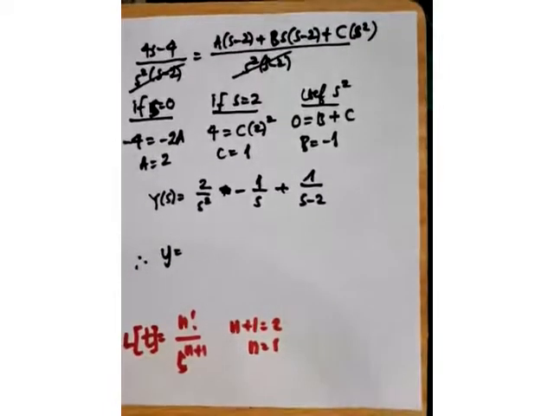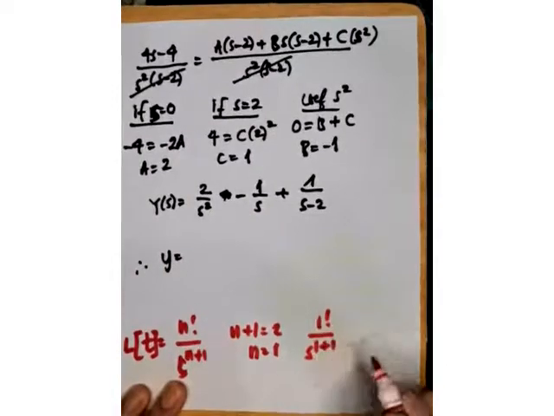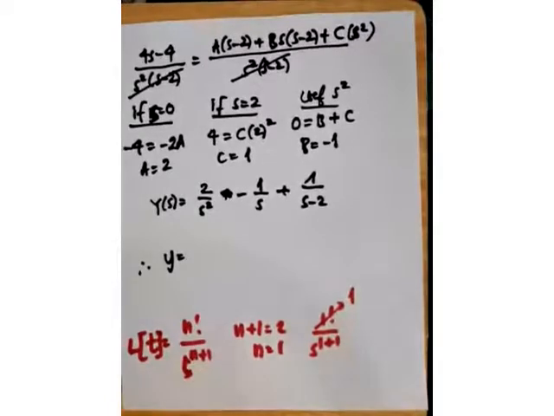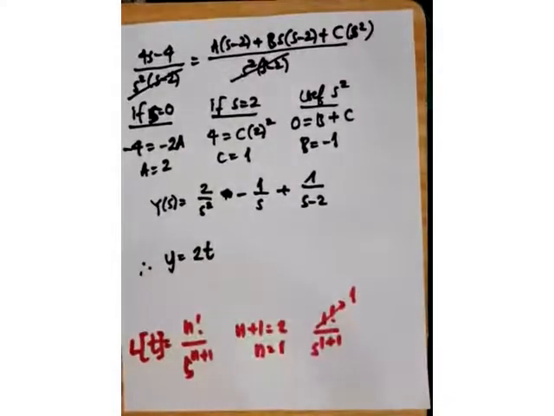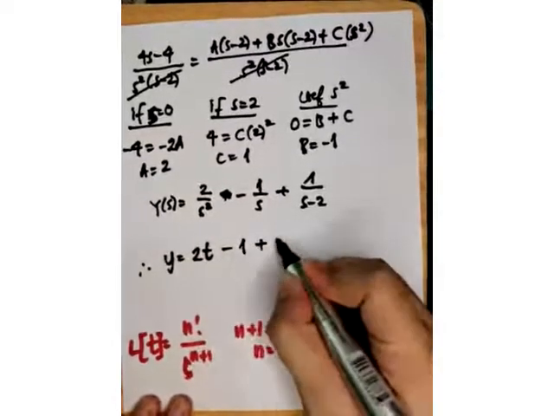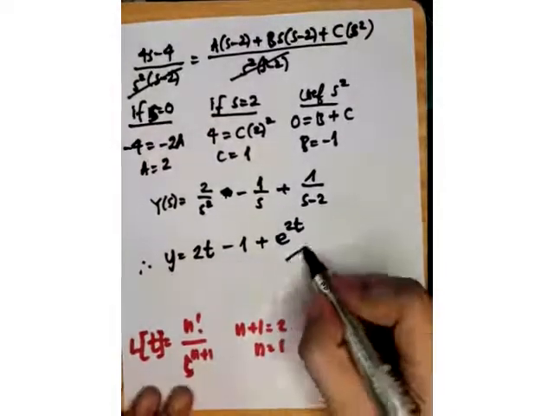That means 1 factorial over s to the 1 plus 1, and 1 factorial is equal to 1, so the 2 is retained. So I'll have 2t raised to 1, minus 1, plus e raised to 2t. So this is our final answer.